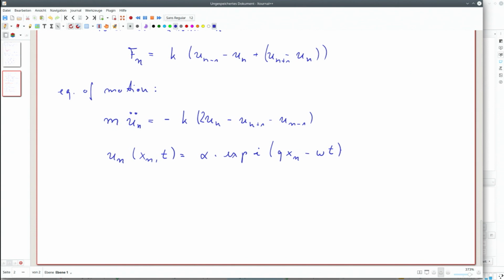And as I said, we have the positions xn equal n times a, in these periodic boundary conditions. We can put this back into the equation of motion.